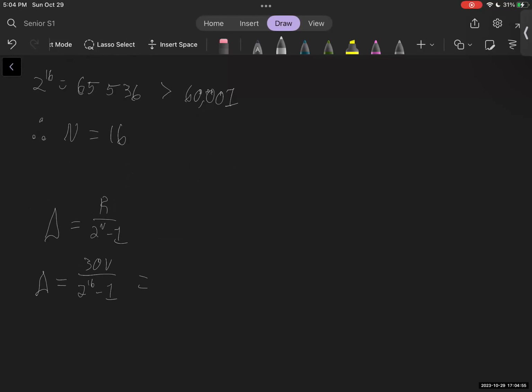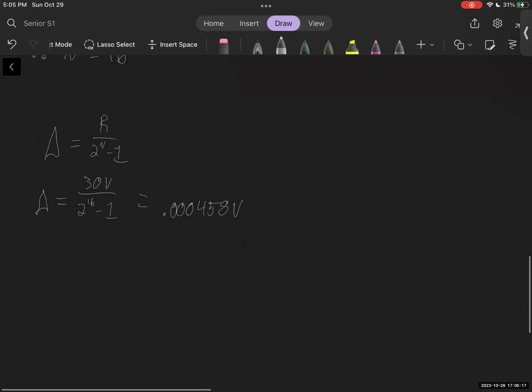And that's going to give us 0.000458 volts. So each step is going to have a width of 0.458 millivolts, and that is our actual step size for our system.